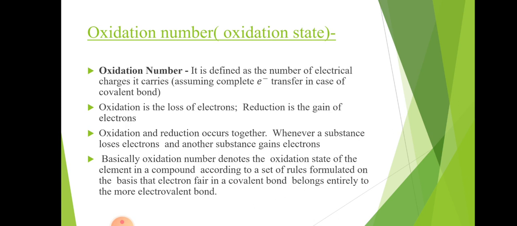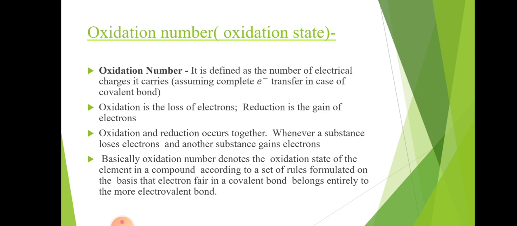First of all, what is the definition of oxidation state or the oxidation number? Now, oxidation number is the number of electrical charges an atom carries, that is the oxidation number, assuming complete electron transfer in case of covalent bond.